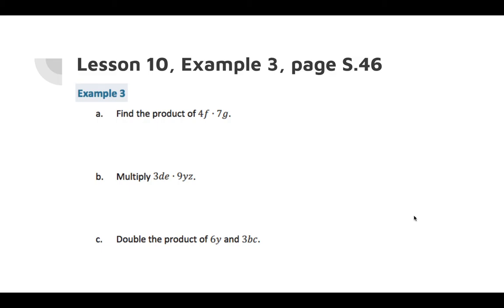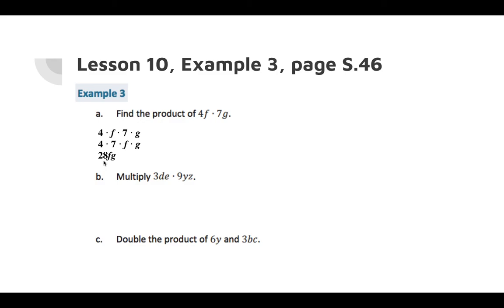We know that even if this is written as 4F, that is the same as 4 times F, and this is the same as 7 times G. We have a 4 and a 7 here, so we can multiply those and multiply the F and the G. Okay, your answer, 4 times F times 7 times G. You can rearrange this so that it's 4 times 7 times F times G, and your answer would be 28FG.